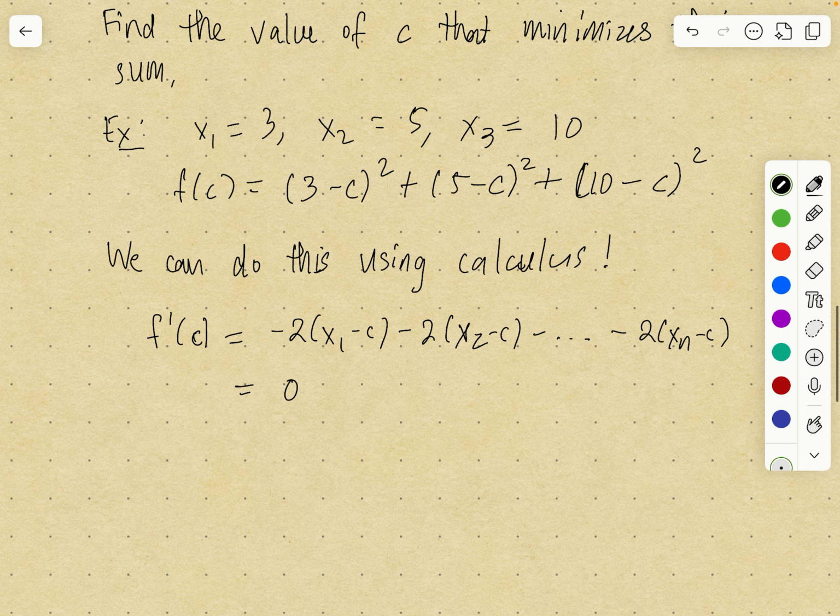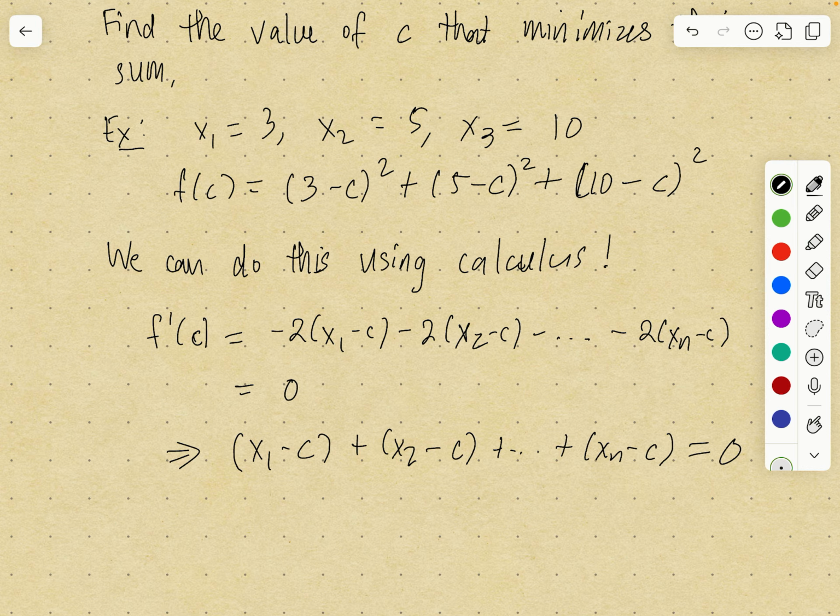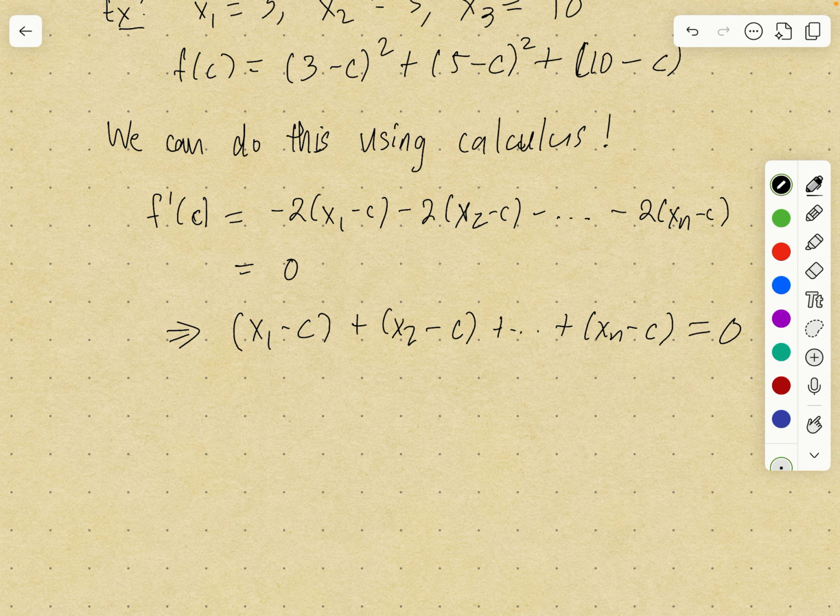So now I set this equal to 0, and when I divide by -2, I'm going to get x1 minus c plus x2 minus c plus ... plus xn minus c is equal to 0. Well, what is that?